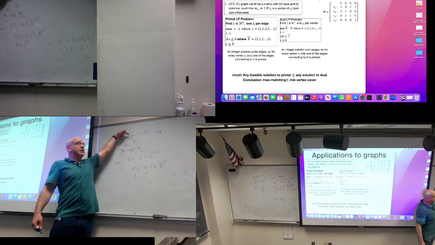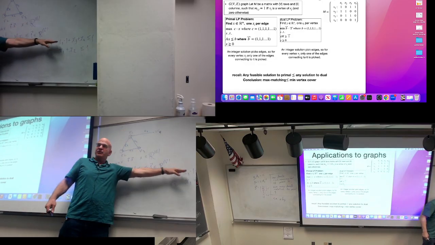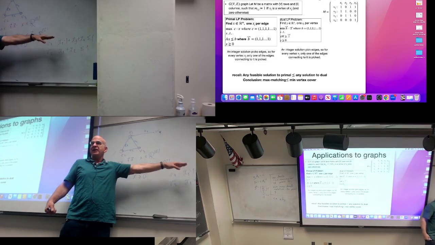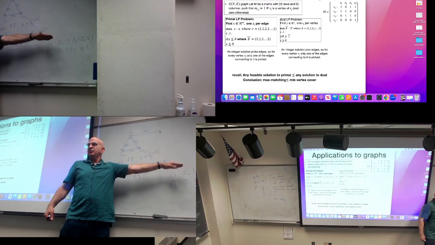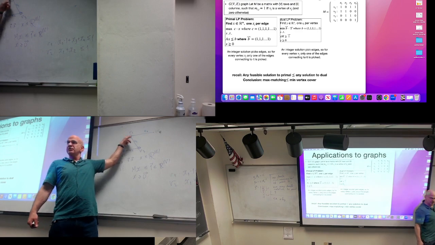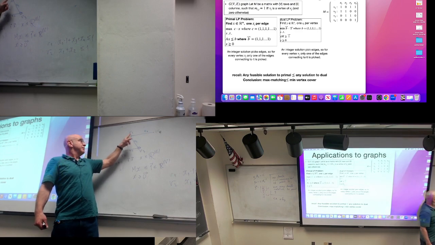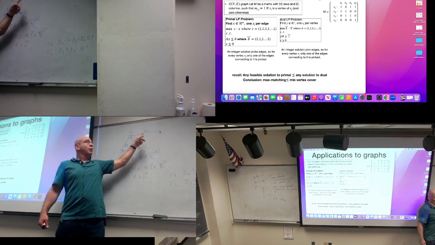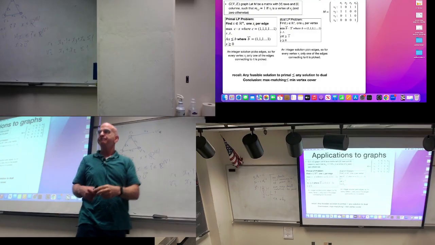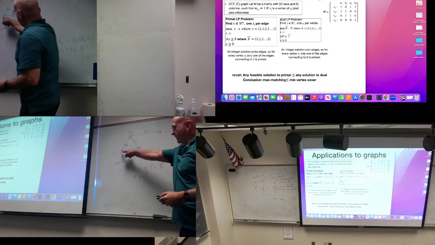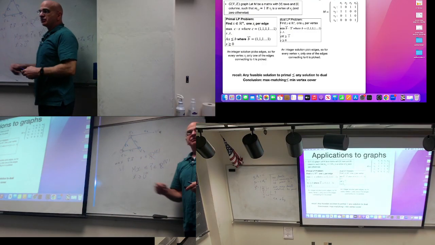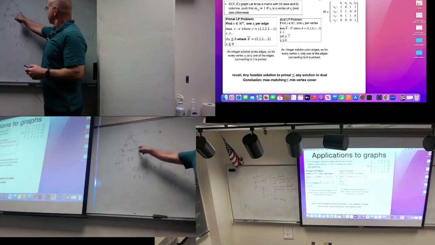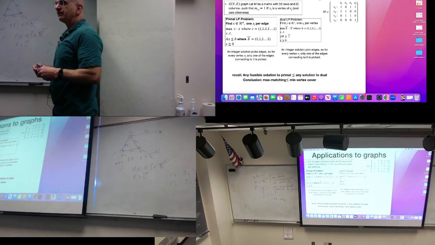Look at the edges that connect to V1. This constraint says you can pick only one of the edges to some solution out of all the edges that connect to V1. So you can pick either E1 or E3 or E4, but you cannot pick both E3 and E4. And the same goes for V2. Out of the edges that connect to it, you can pick only one. Same goes for V3, the same goes for V4, but V4 will not be the bottleneck here.